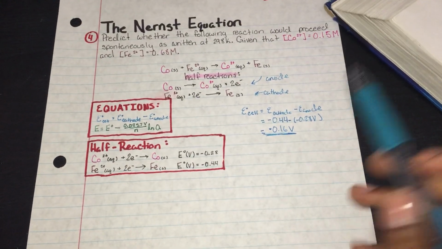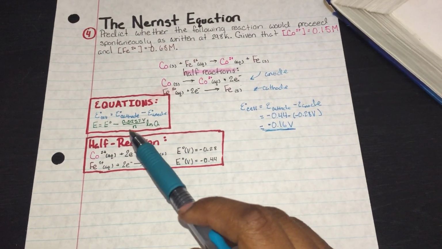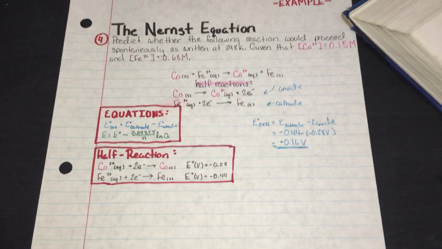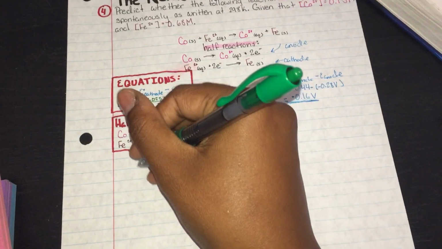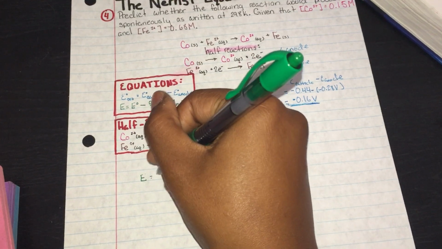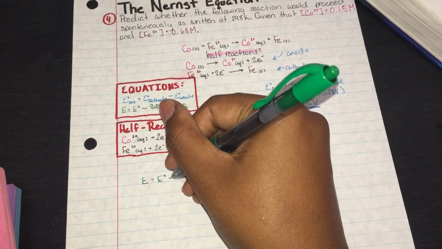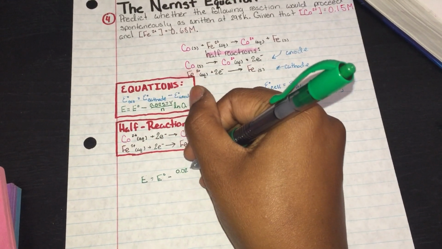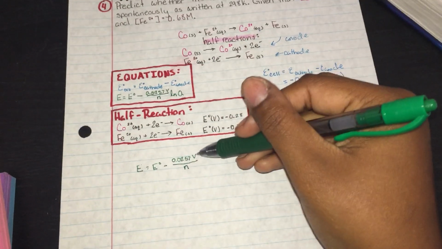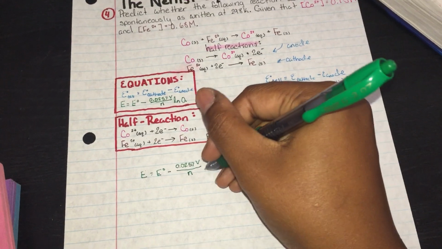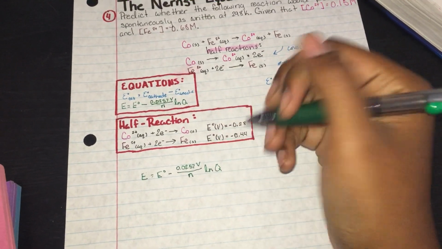And now that we have this, we can go ahead and plug our numbers into the Nernst equation. So I'm just going to rewrite it down here. And this V is not a variable, it's just volts.